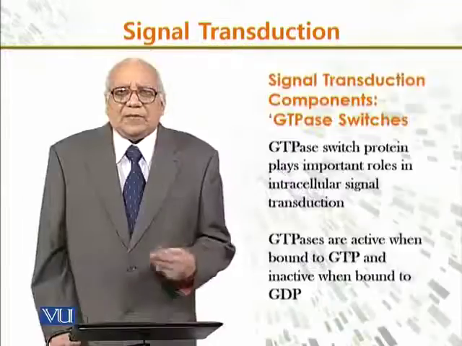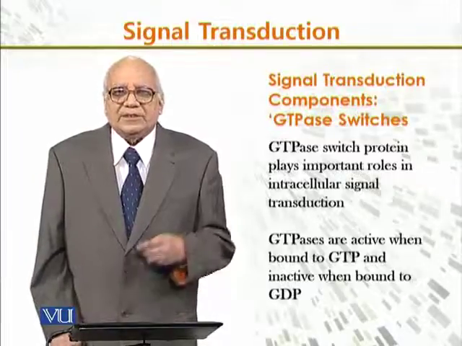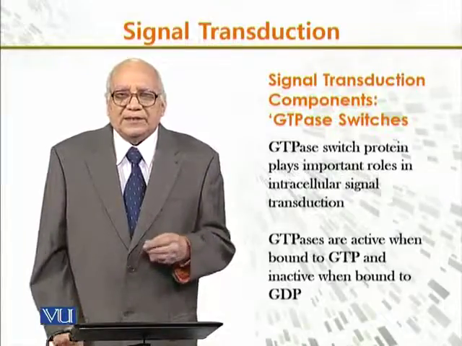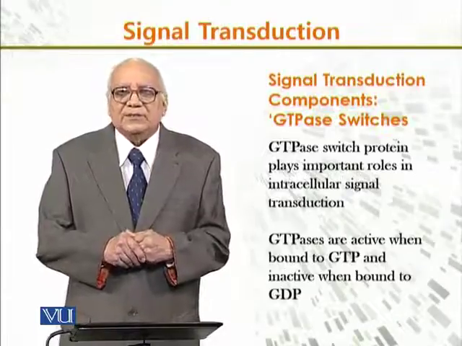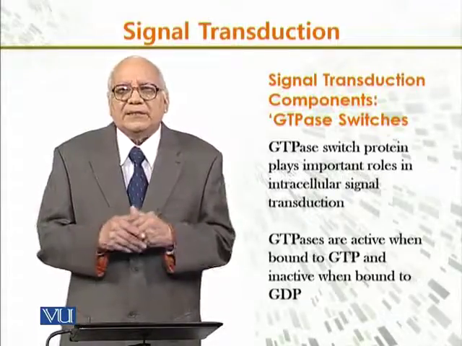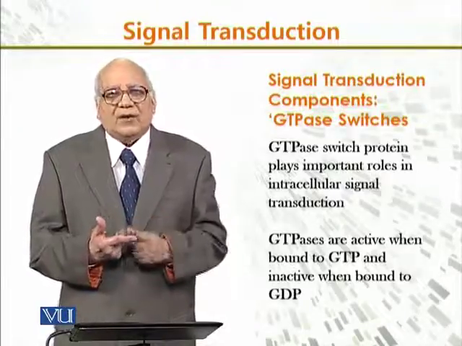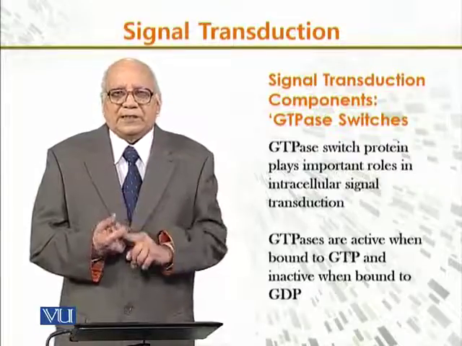Now, as we say, a component for the signal transduction is the GTPase switch. The GTPase switch protein plays an important role in intracellular signal transduction, because wherever there is signaling, it has to be on and off, and that is done by the GTPase switch.